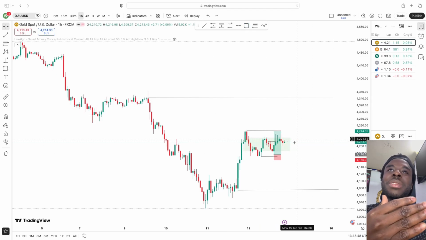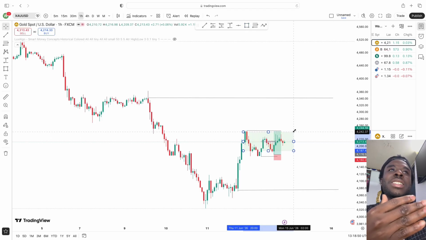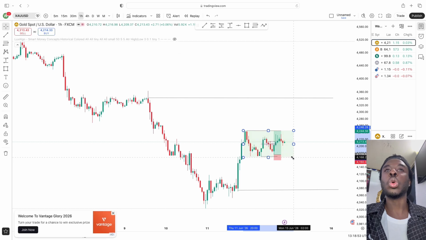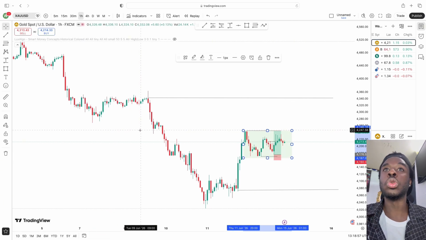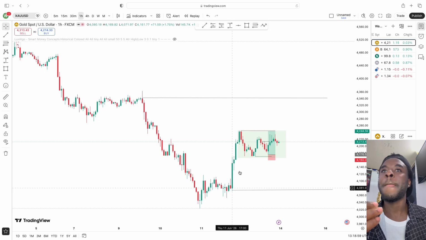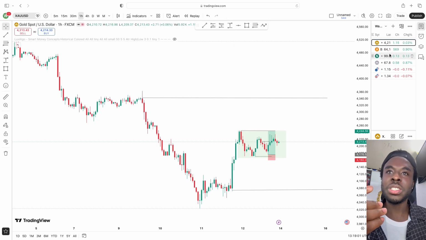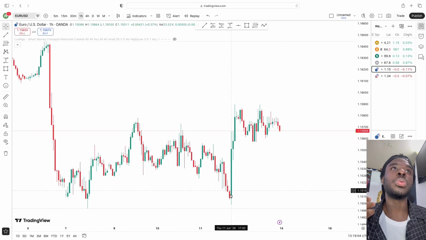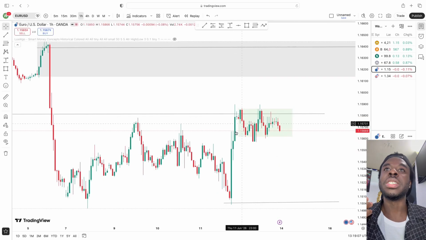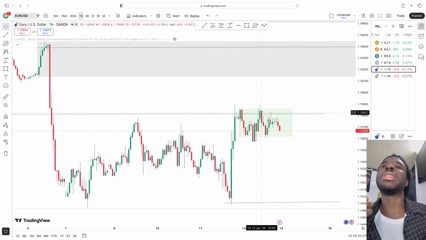Silver has the same thing like this. So if you trade Euro USD, whatever Euro USD will do, that's the same thing gold will do, right? We notice that gold had this big buy to the upside. When we go to Euro USD, the same thing. We had this big buy to the upside.